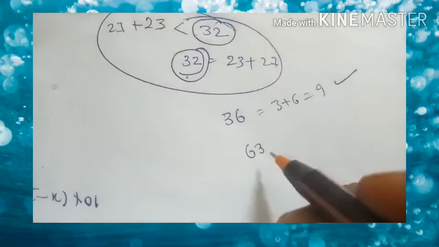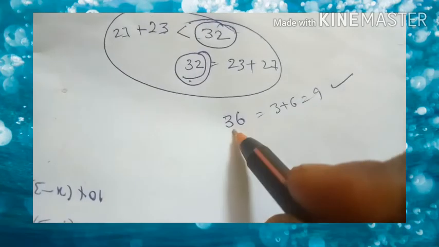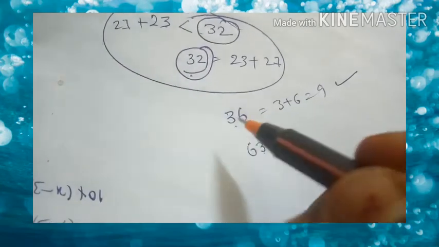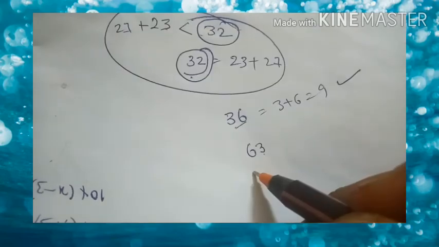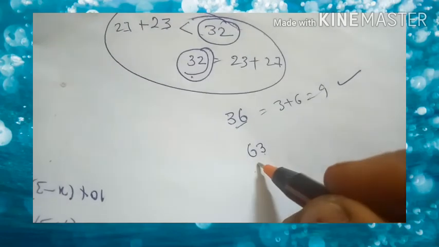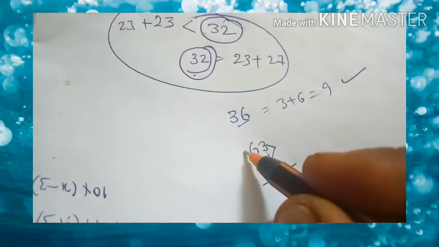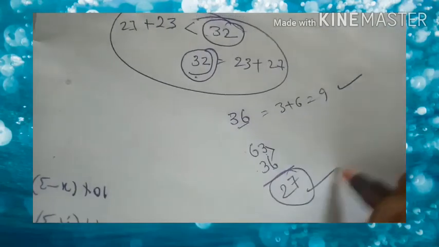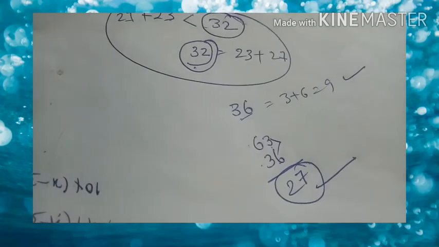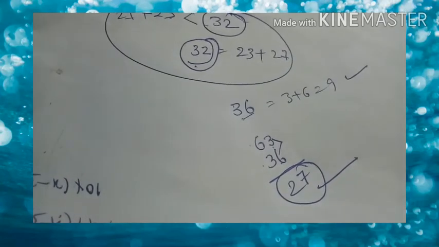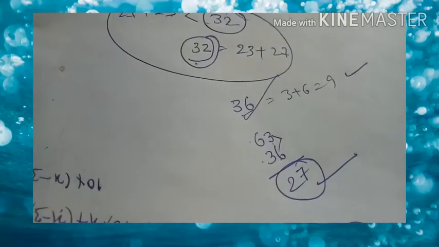How much more than the previous one? Just subtract: 63 minus 36. 3 minus 6 cannot be done, so borrow; it is 7, carry 5, 2, 27. So the difference is 27. Did you get it or not? So our answer is right.